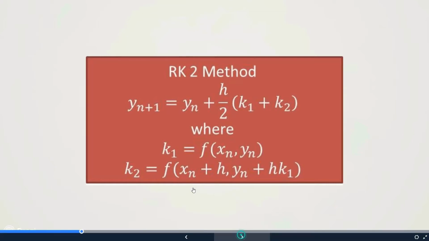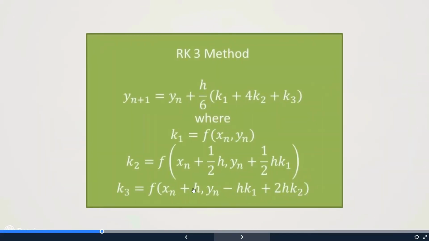So if we have the third order method, the Runge-Kutta third order method is the same as Heun's method, where both of them are third order methods.